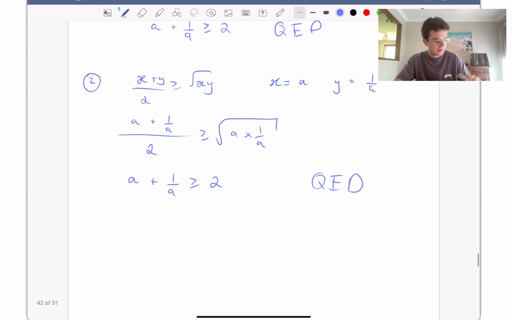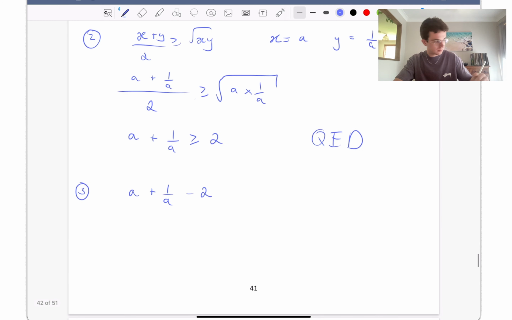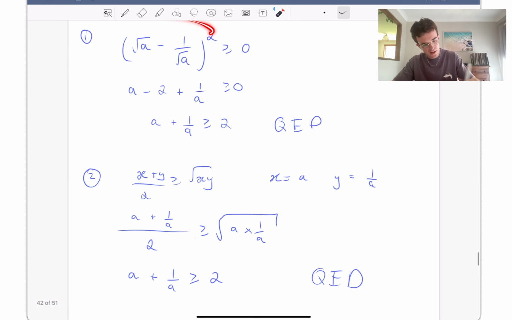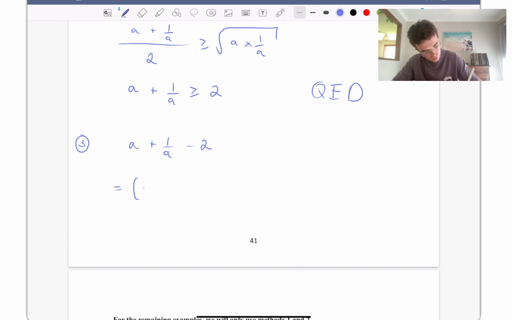What was method 3? Left-hand side minus right-hand side. So a plus 1 on a minus 2, and we're going to prove that it would be greater than or equal to 0. Now, we've already shown that the expansion of this is that, so we can actually go back the other way and say this is root a plus 1 on root a squared, and if we square something it has to be greater than or equal to 0.